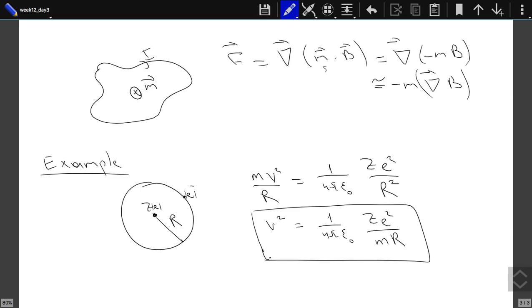Now let's take this atom and put it in a uniform magnetic field. What is the direction of the magnetic dipole moment? Let's say it is rotating in this sense. Magnetic dipole moment is into the screen.